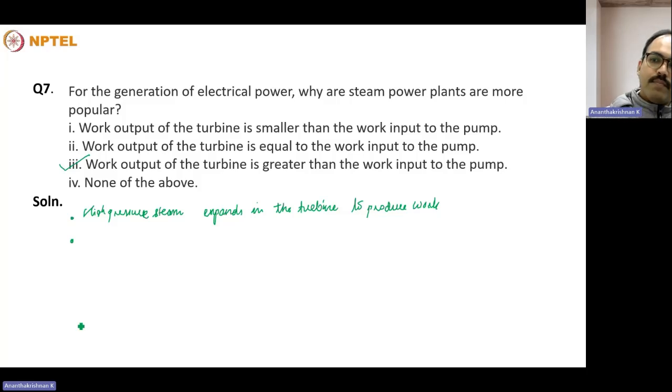There should be some work input to the cycle. The second law of thermodynamics says that the entire heat cannot be converted into work. Therefore, there will be some heat rejection that will happen in this process in the condenser.